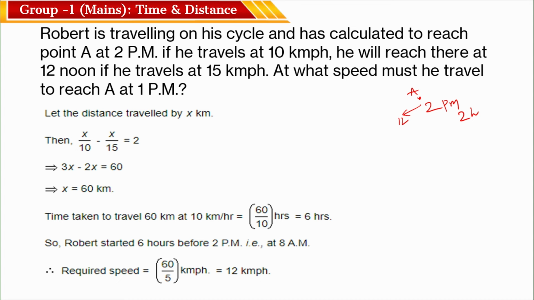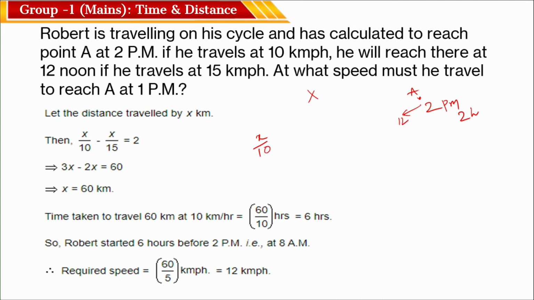He doesn't know the distance, so you have to calculate how much distance. Say the distance is x. Understand? When he uses the speed 10 kilometers per hour, the time taken to cover the distance is x by 10.